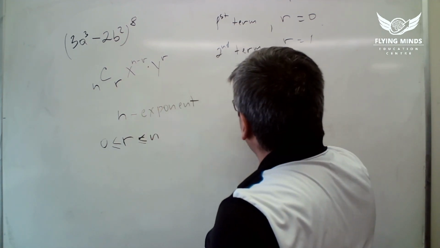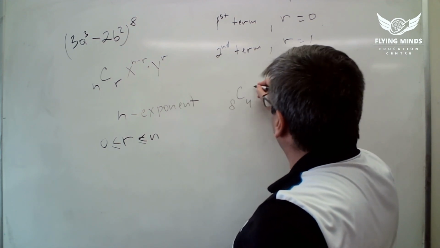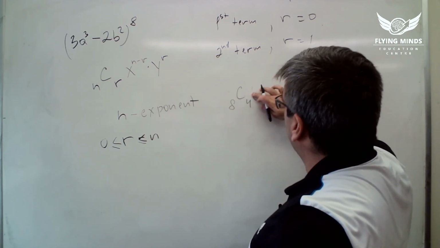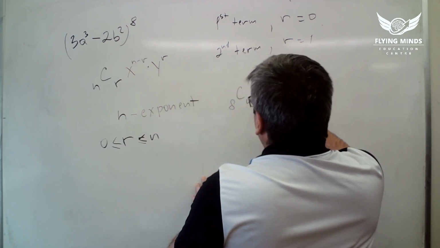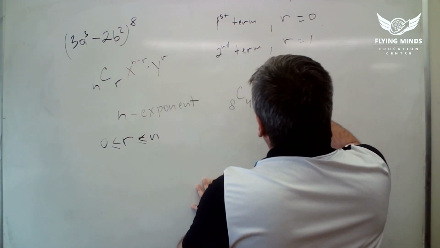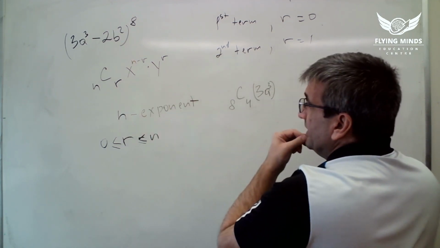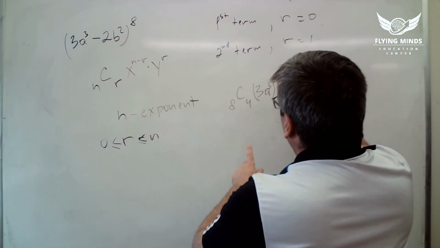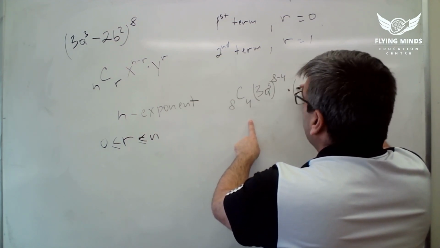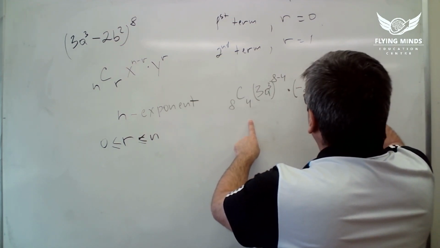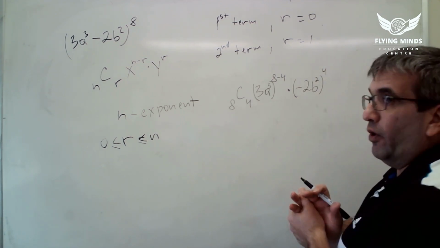So we have 8 choose 4, and then we have 3a cubed to the power of 8 minus 4, times negative 2b squared to the power of 4.